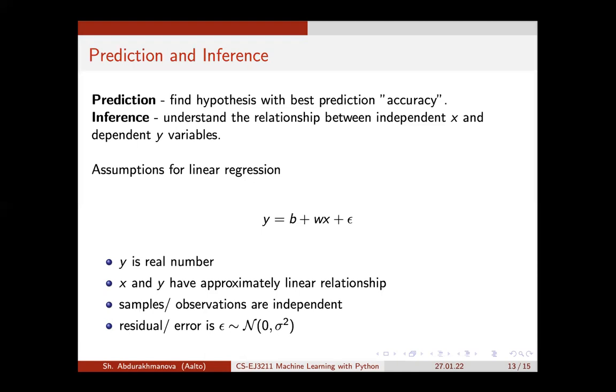And if your goal is inference, then it means that you want to understand the relationship between the features, or independent variables, and the dependent variables or labels. It is often said that machine learning usually focuses on the prediction part of the problem, while statistics, for example, focuses on the inference part of the problem.